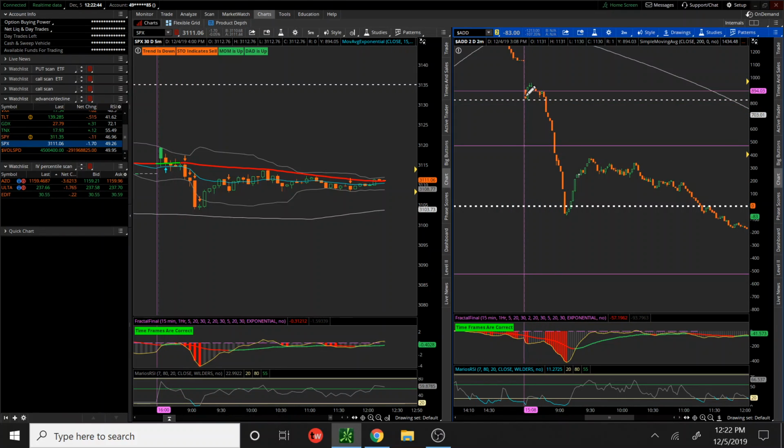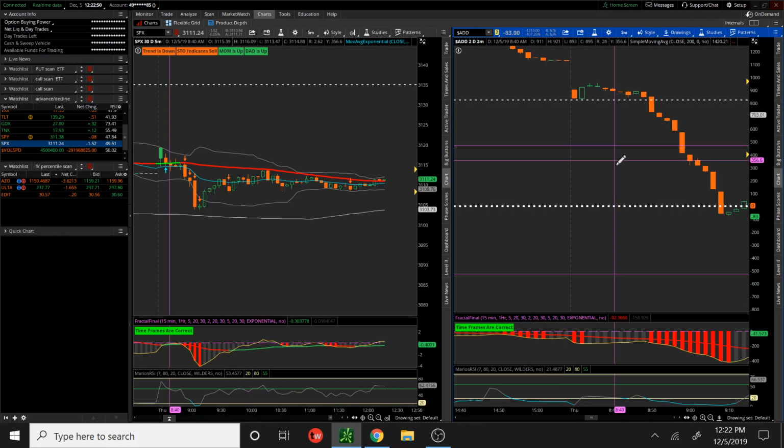So it opens, it kind of goes up, it just starts printing dojis, nothing too significant. We are above the zero line, we are above 500, so at the open it was a fairly bullish bias. And we kind of just chop in the 5-minute chart here on SPX.